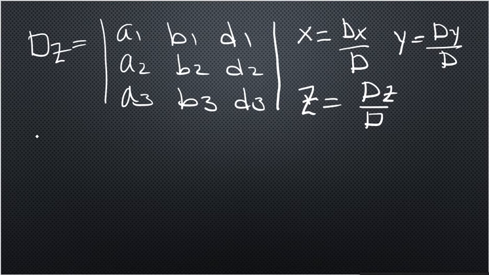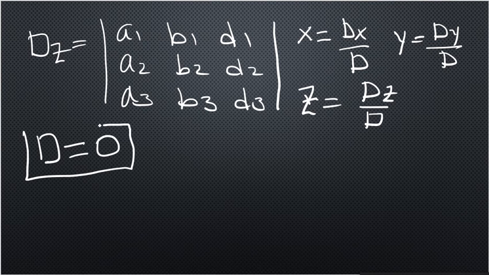But remember, if the determinant of the coefficient matrix D is 0, we can have two possible cases. Since D is the denominator, there will be two cases we can consider.